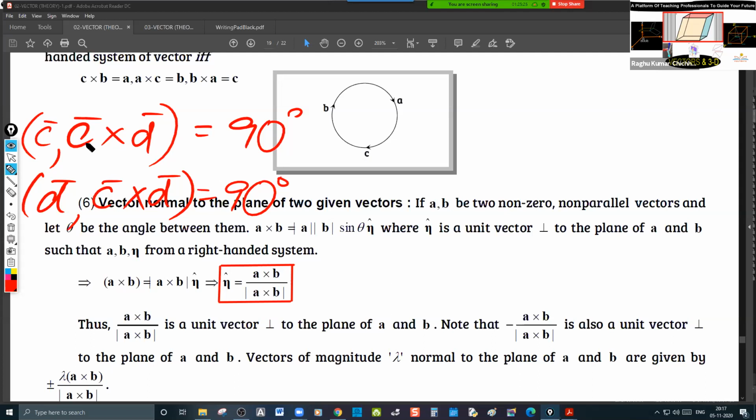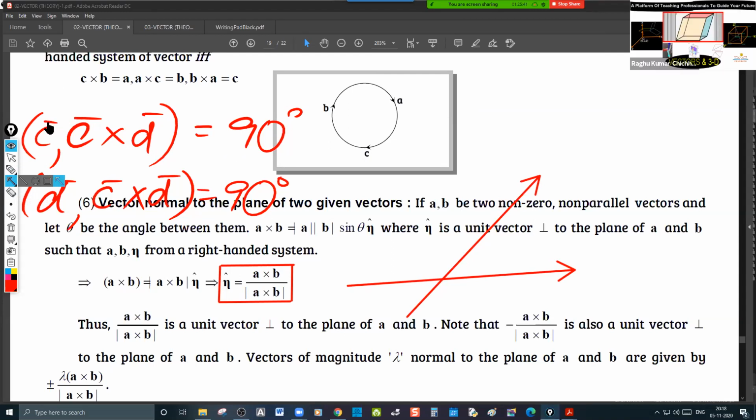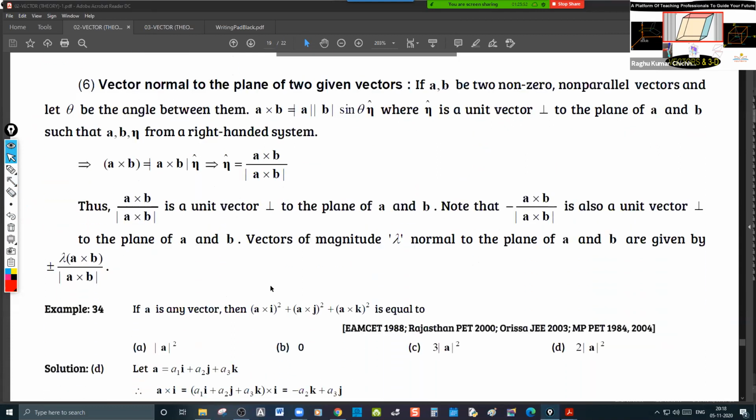It is perpendicular to the plane containing C and D. That means it should be 90 degrees. Yes, sir. That's important. That is why, if you want a unit vector, it should be like this.